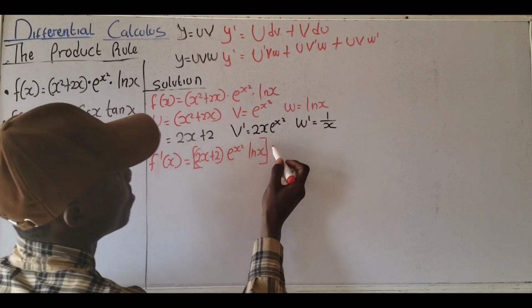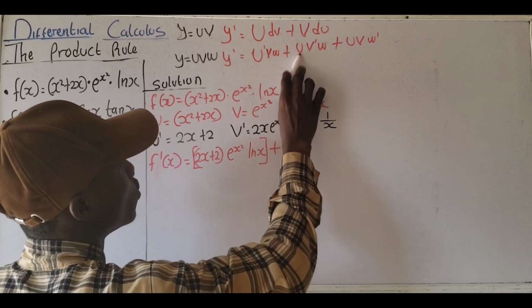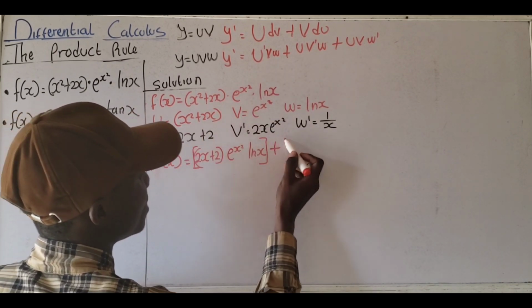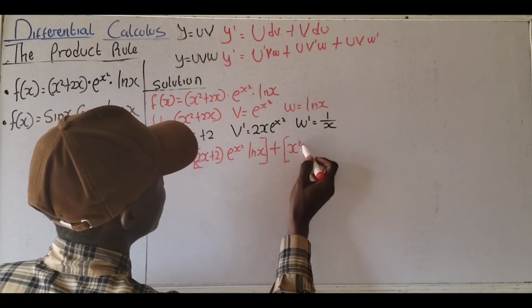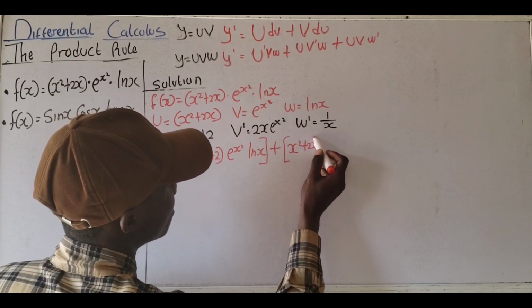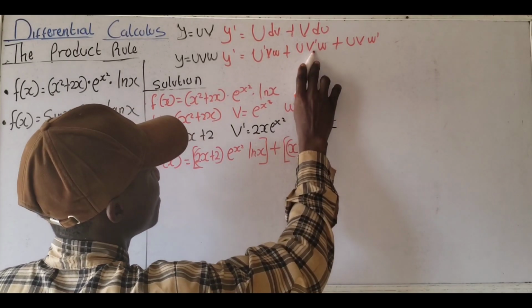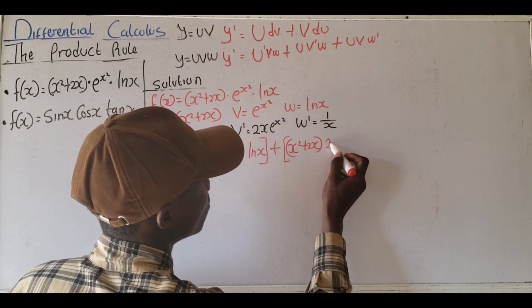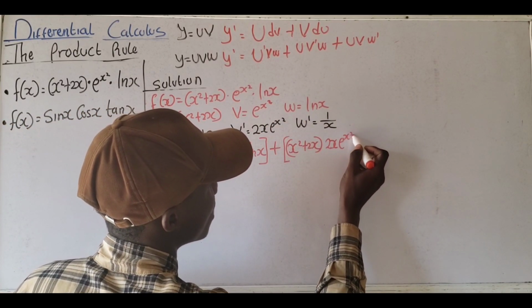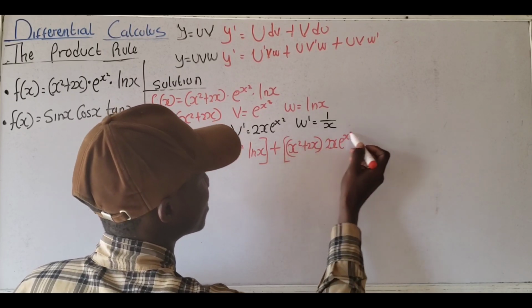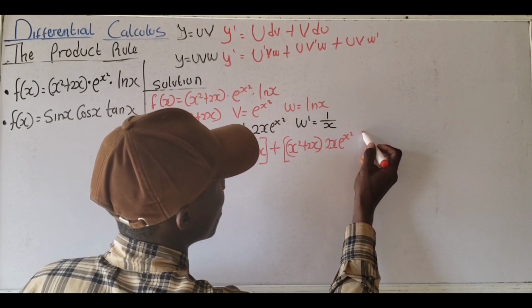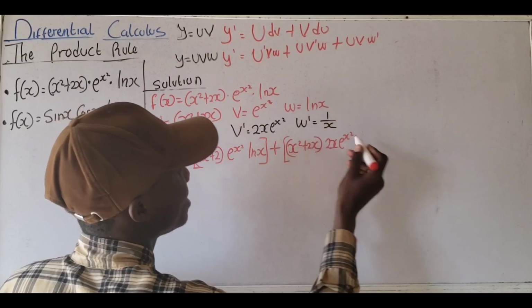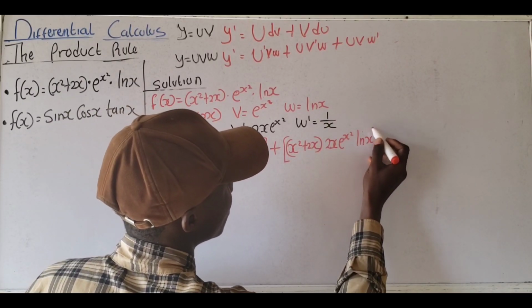Then plus u, which is x squared plus 2x, multiplied by the derivative of v, which is 2x e to the x squared, multiplied by w, that is ln x, okay?